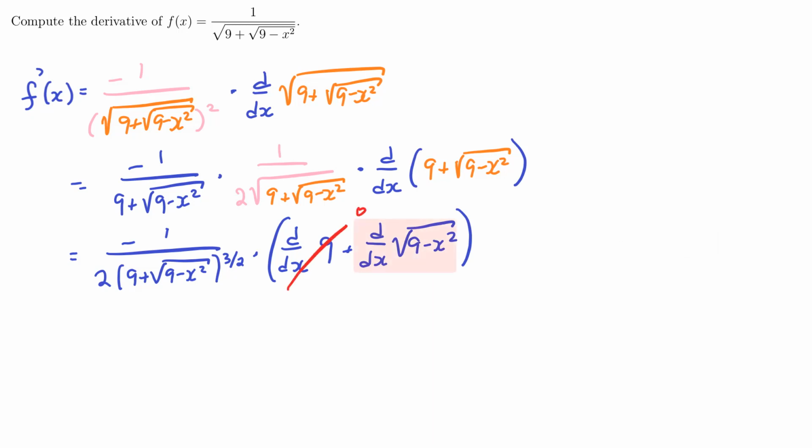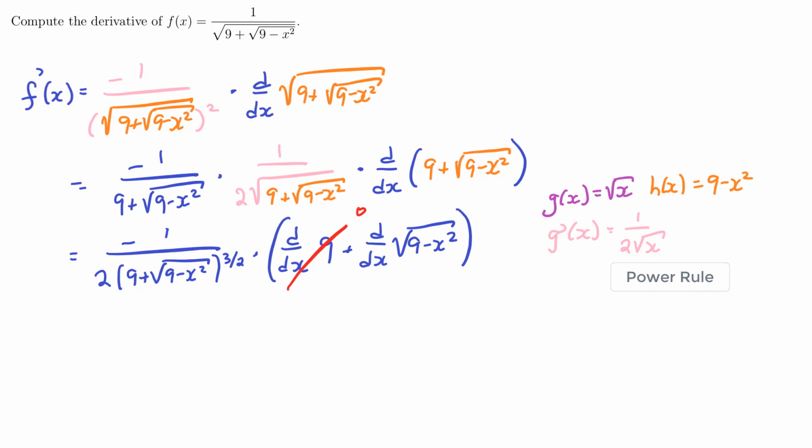And for the second derivative here, we're going to apply the chain rule once again. So let's identify our outside function g. Here, g of x is the square root of x. And so our inside function h is going to be 9 minus x squared. Now using the power rule, we have g prime of x is 1 over 2 square root x.